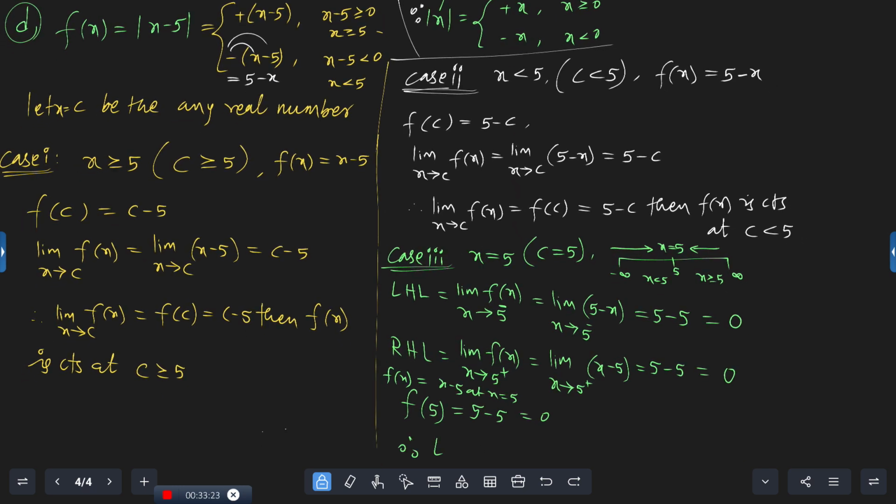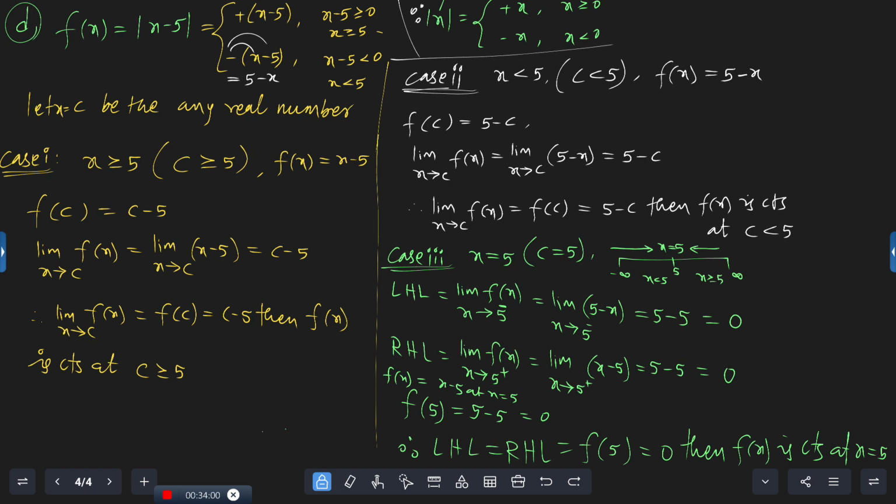Therefore left hand limit, right hand limit and function value f of 5, everything is equal to 0, so it is continuous at case number 3. Listen carefully, case number 1 continuous, case number 2 continuous, even case number 3 continuous, na. Therefore it is continuous for all real numbers, we have to mention. So f of x is continuous at x equal to 5, you have to write.